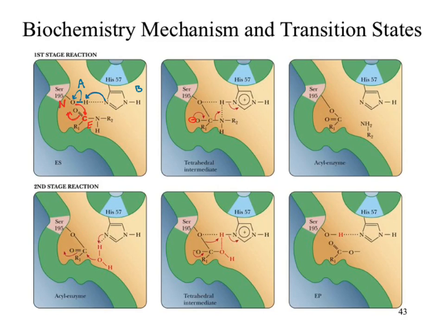We have the tetrahedral intermediate. They just decided that there's too many mechanistic steps to show, so they're going to ignore doing it properly, and they jammed it all into one mechanistic step at the front. Why is the serine oxygen better than the nitrogen of the histidine to act as a nucleophile?